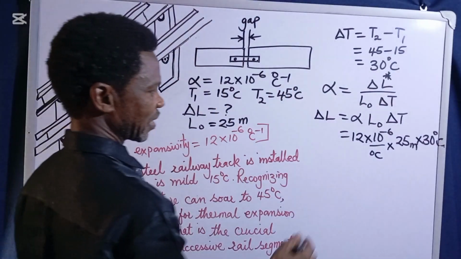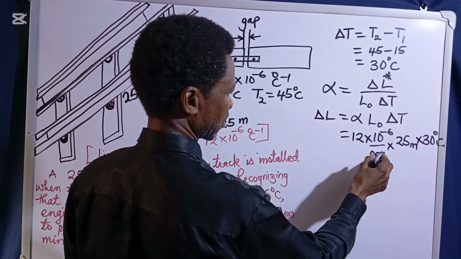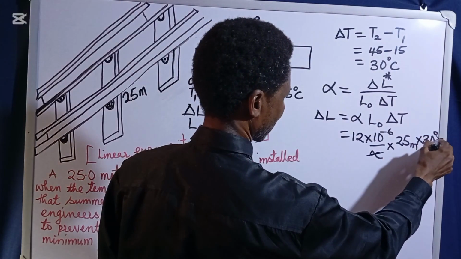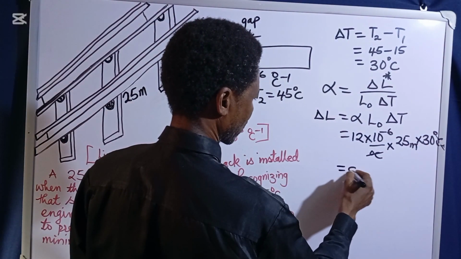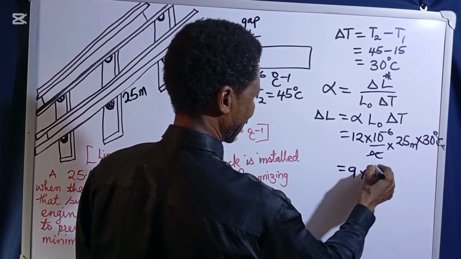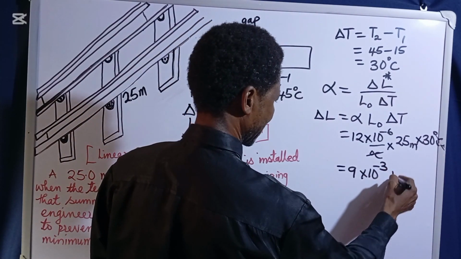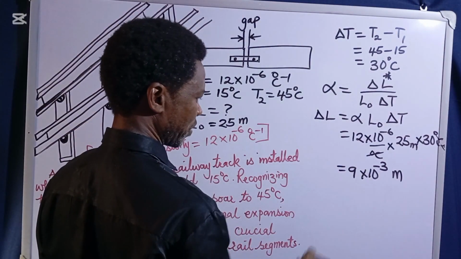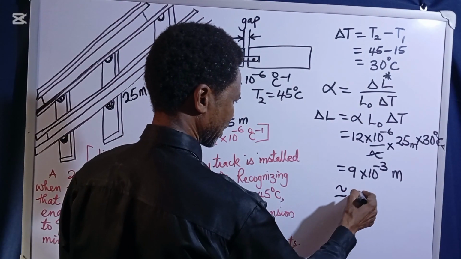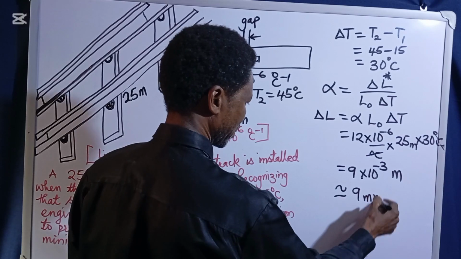So if you do that, take care of degree Celsius. So we are left with, if you multiply this, it's going to give us 9 times 10 raised to the power negative 3 meter. And we can now convert this to millimeter, which is approximately 9 millimeter.